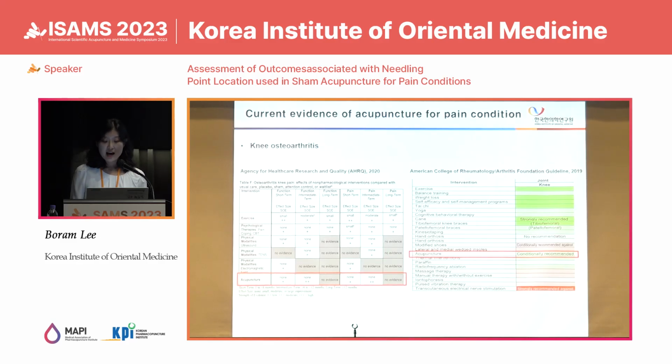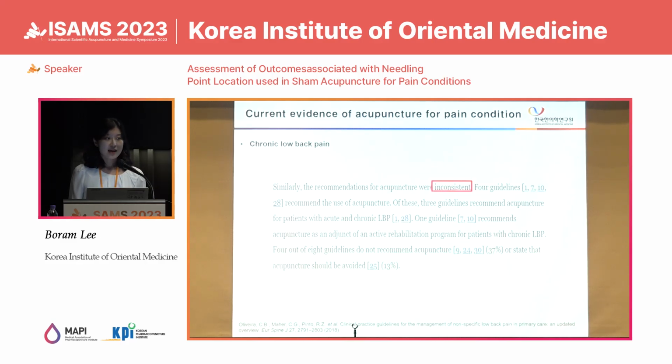However, acupuncture is conditionally recommended in the American College of Rheumatology/Arthritis Foundation guideline. In the case of chronic low back pain, according to a recent paper, the recommendations for acupuncture were inconsistent in a total of 8 guidelines.